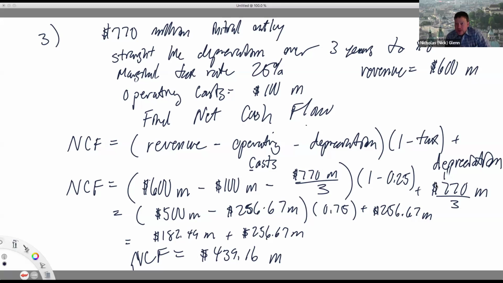This gives me some additional income that I get to keep. On the net, your net cash flow is going to be 439.16 million. So that's number 3.